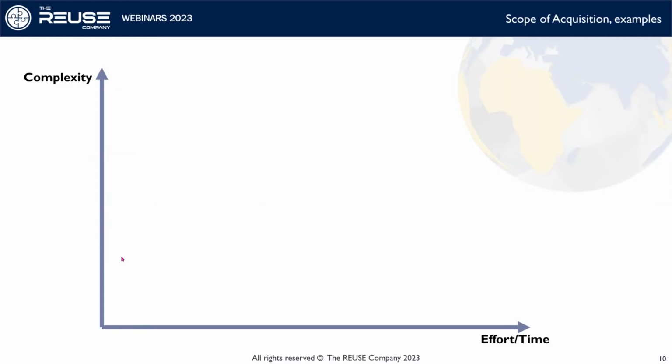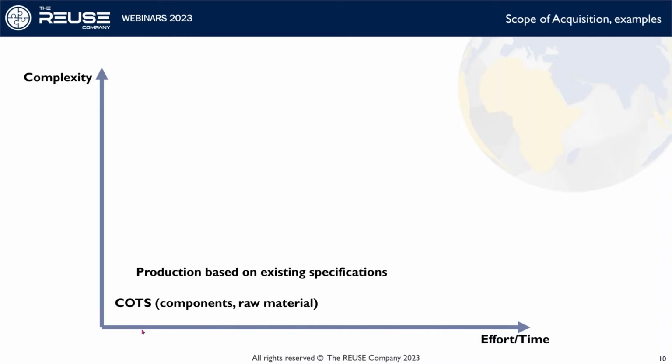If I would try to put all these options in some sort of grid with time and effort and complexity, of course, I would start down here with components and raw material, pretty low complexity, and doesn't require a lot of time and effort for you. Production based on existing specifications is also, well, the acquisition part of this is pretty straightforward, because you have already been developing the specifications and plans and drawings, whatever is needed to just perform the production elsewhere.